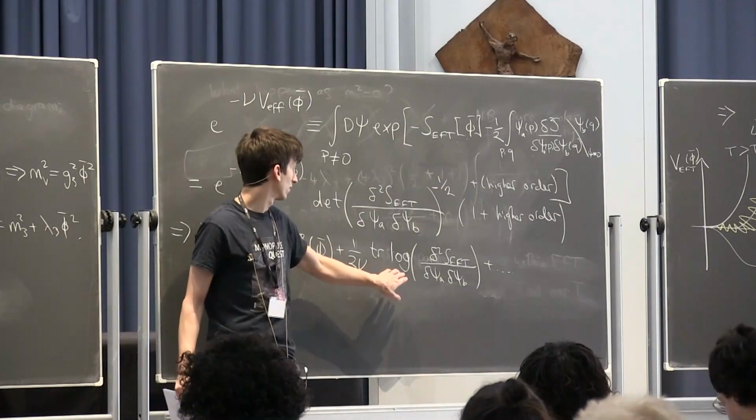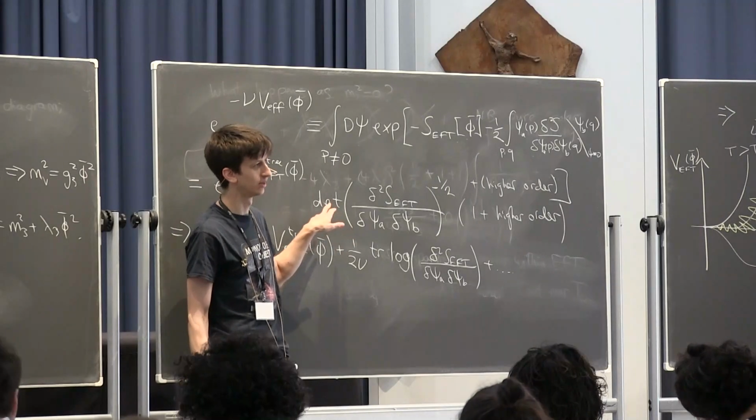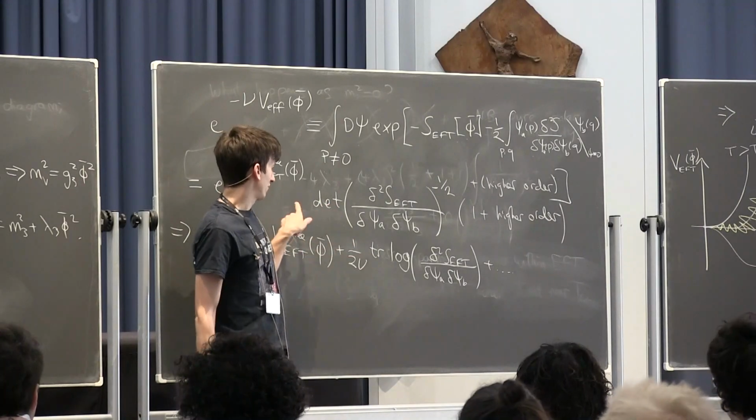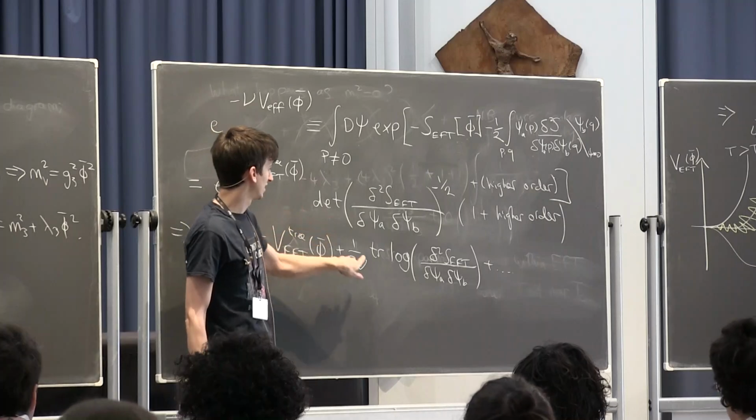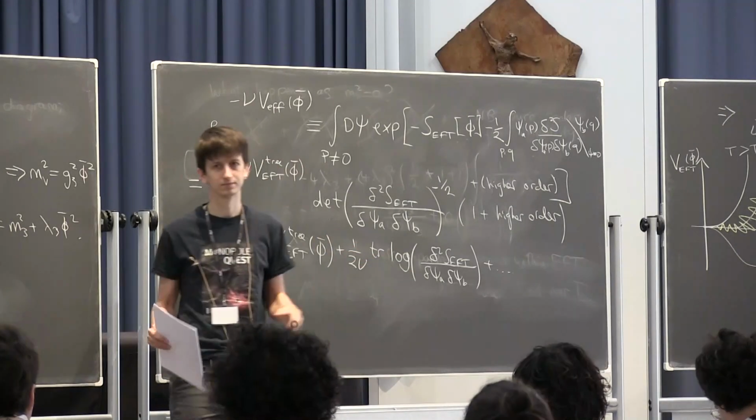And I have trace log because here I have a determinant. Then I take the logarithm of that, so I get log det, and log det is trace log.